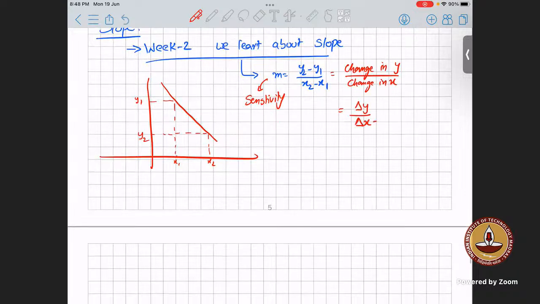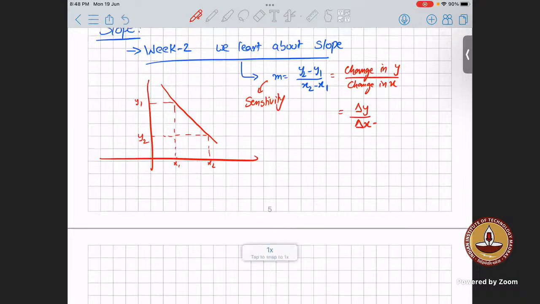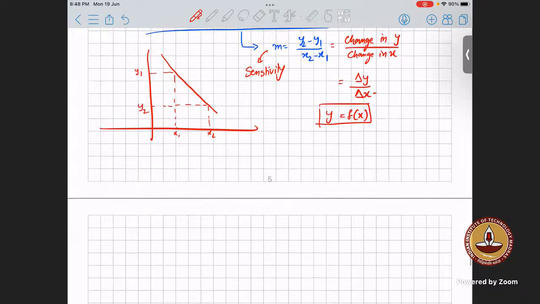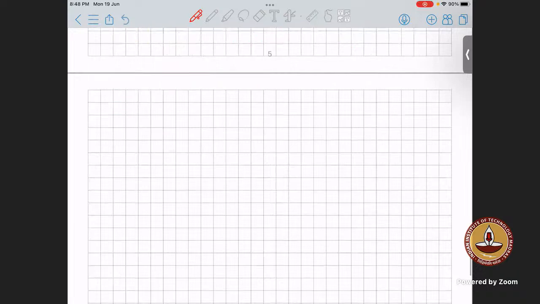Here, what is the main motto? Listen to this very carefully. What is y? It is a function of x. Now, what we are doing is selecting one point, x naught, and there is a significant distance.